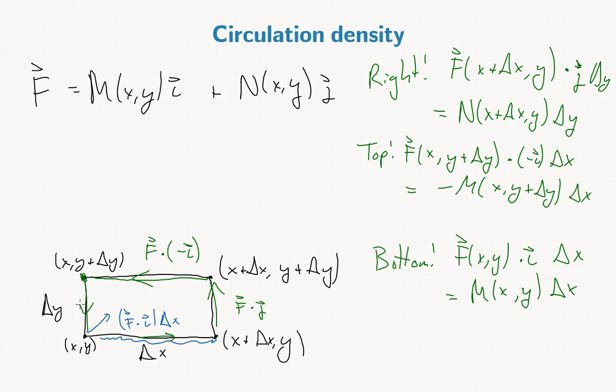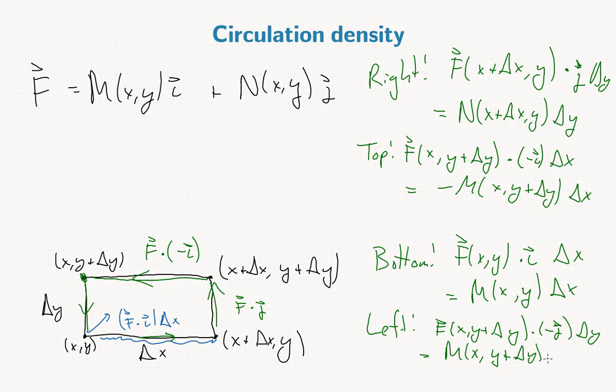And then the left, similarly, is F dot negative j, so this is F of (x, y) dot negative j delta y, and that's negative N of (x, y) delta y.